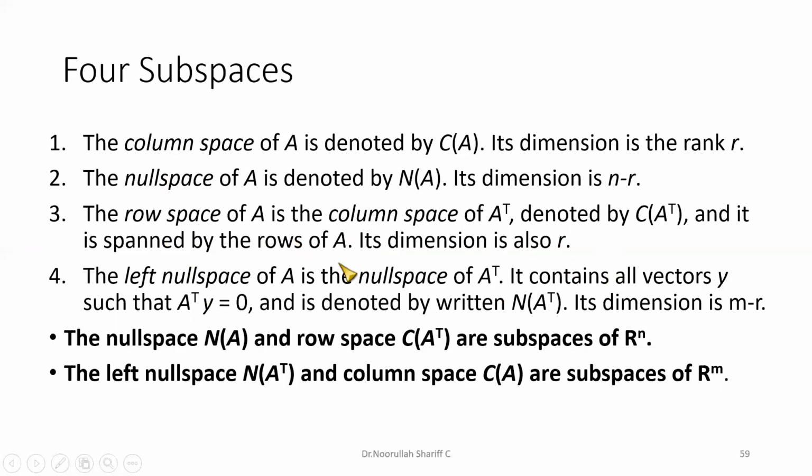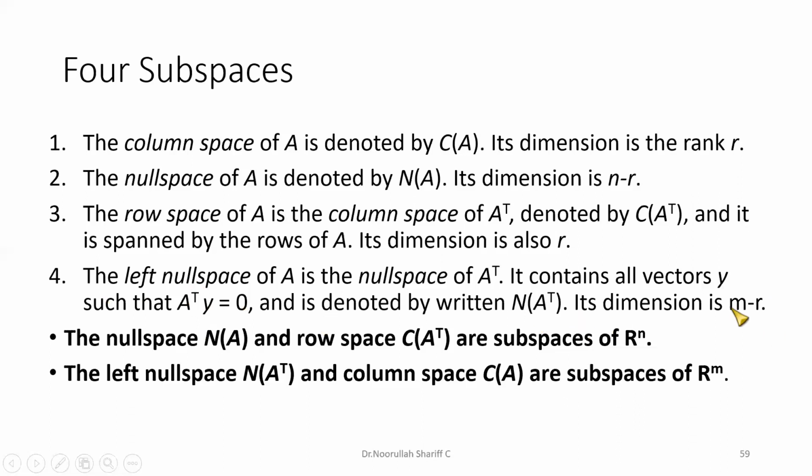The left null space of A is the last of the four subspaces, and it is the null space of A transpose. That is why we call this the left null space. It contains all vectors y such that A transpose y is equal to 0, and it is denoted by N(A^T).